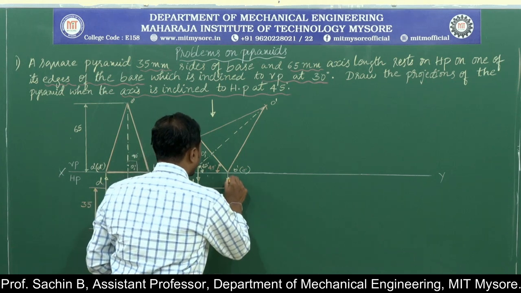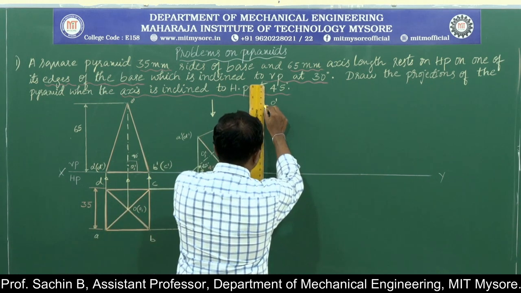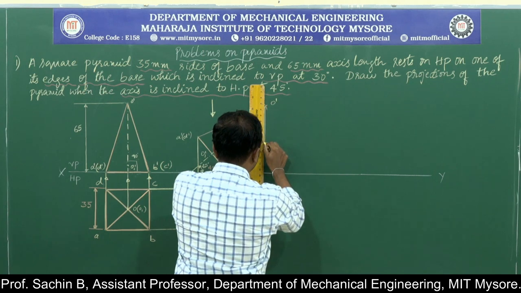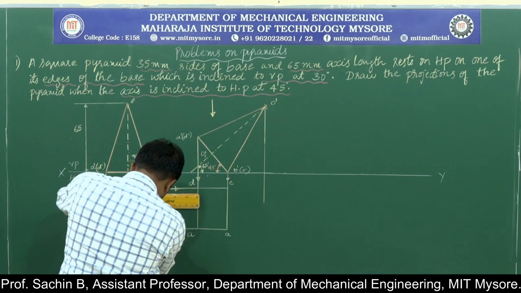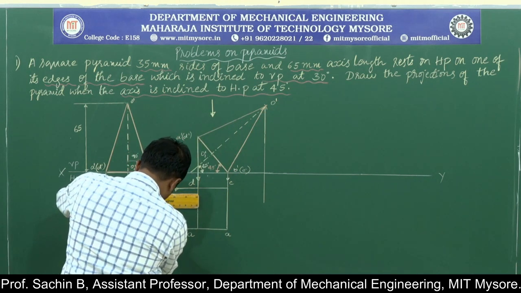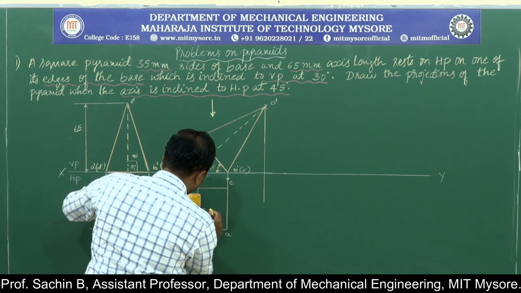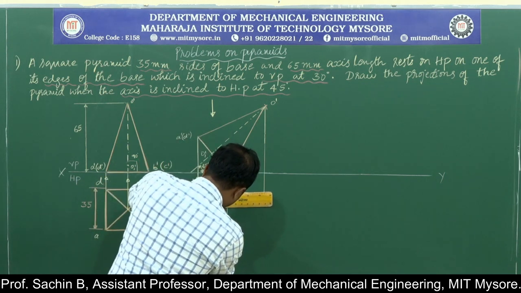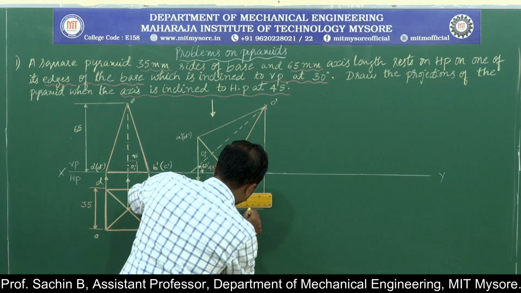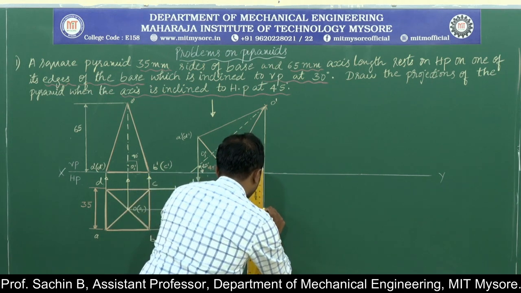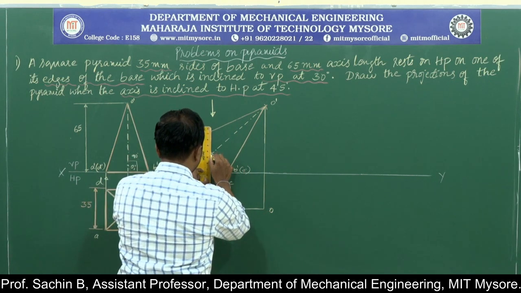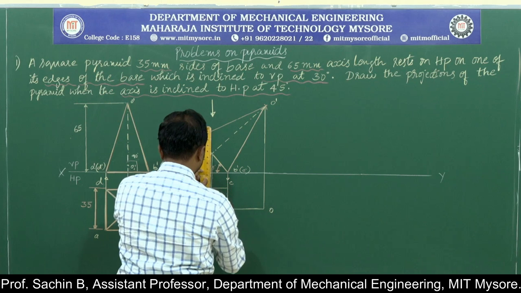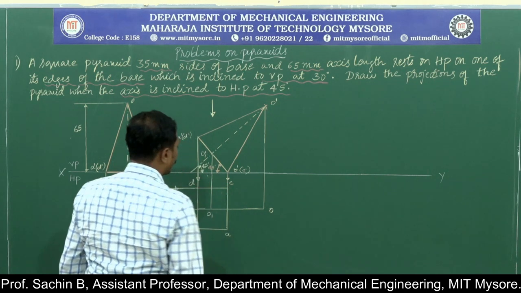But before that, I will go for drawing all the lines. I am going to call this point as O. I am going to call this as O1.